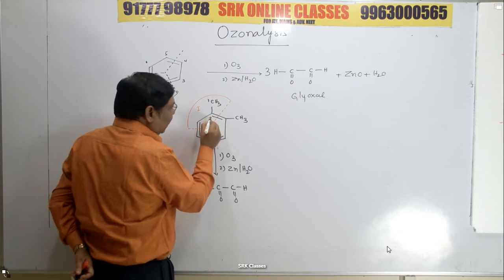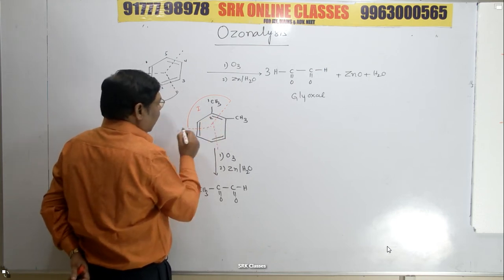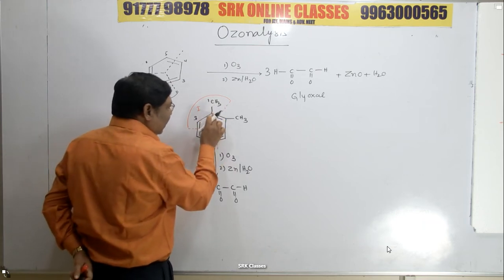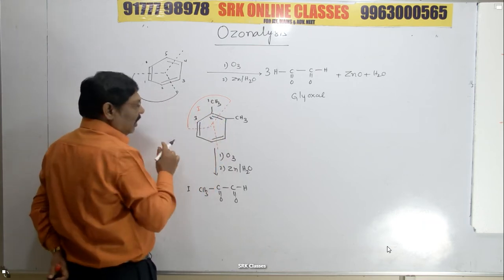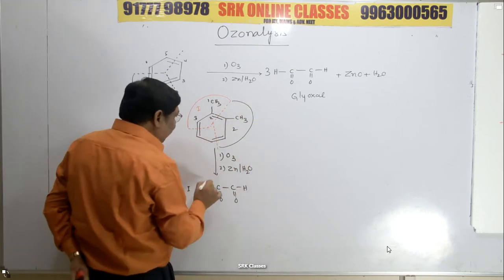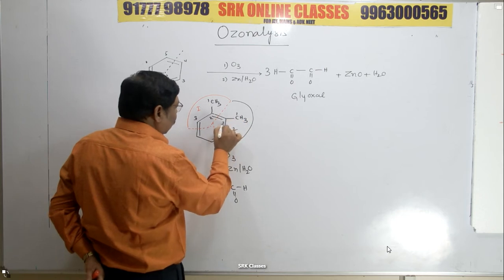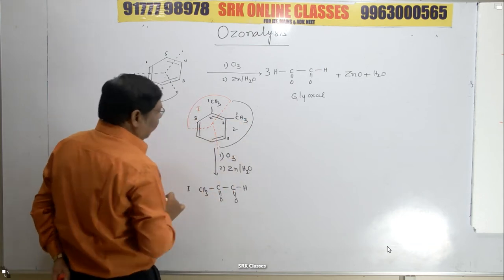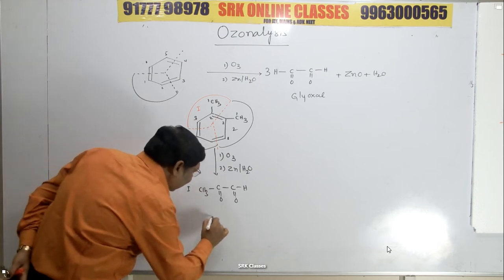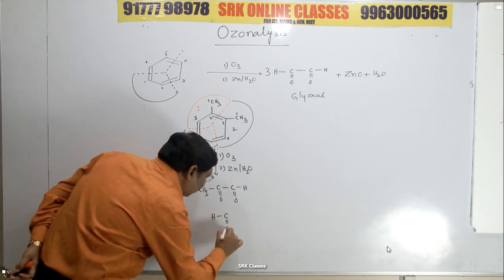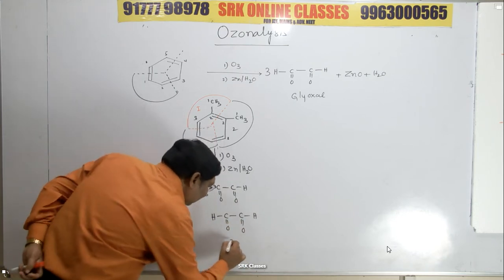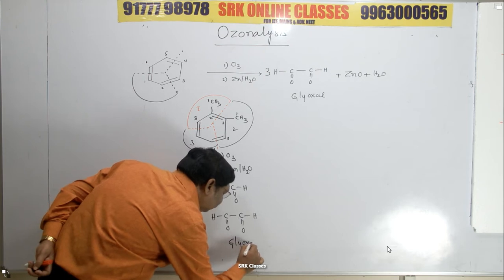First carbon, second carbon, and this is the third carbon. In the same manner I am taking the second part. In the second part also, it is the same: 1, 2, 3 carbons, that is also methyl glyoxal. In the third part, what you are getting is H, C double bond O, C double bond O, H. This is called glyoxal.